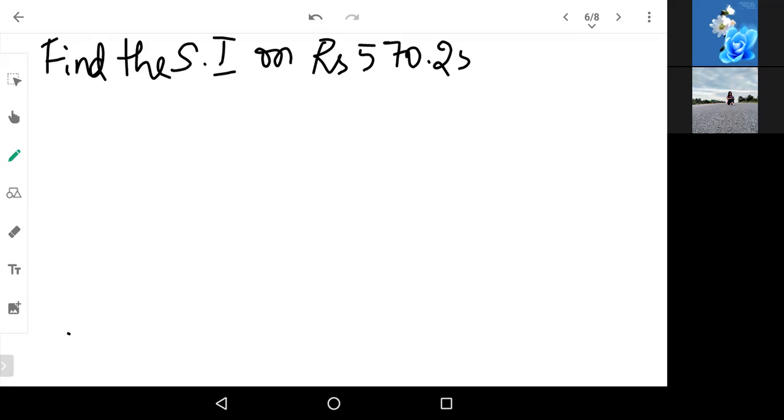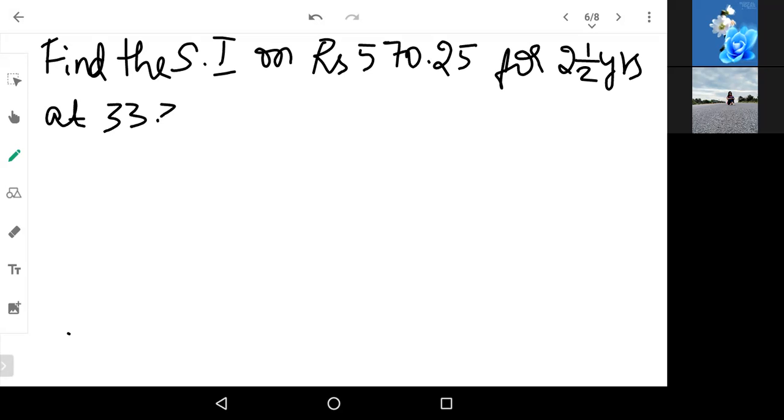Find the simple interest on rupees 570.25 for 2.5 years at 3.33% per annum.